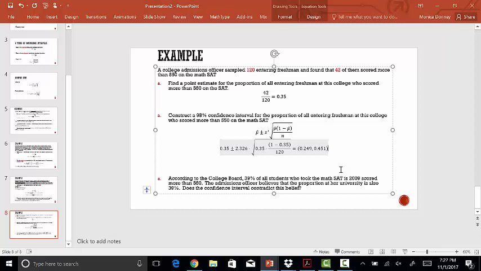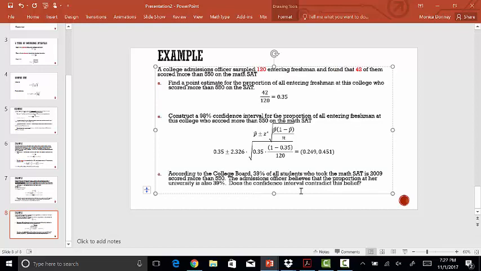All right, so the next question says, according to the College Board, 39% of all students who took the math SAT in 2009 scored more than 550. The admission officer believes that the proportion at her school is also 39%. Does the confidence interval contradict this belief?